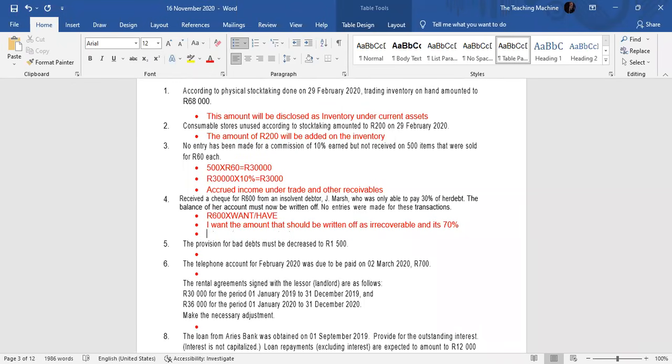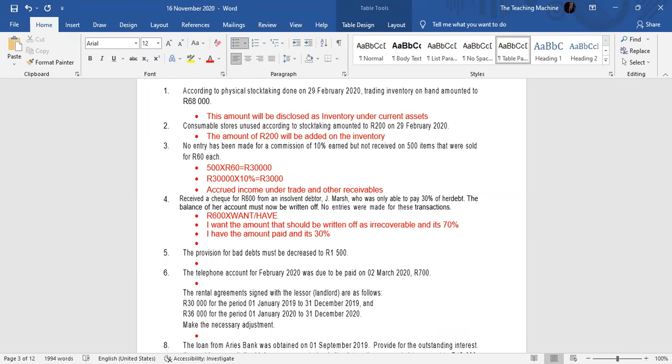Okay, what is it that I have? I have the amount paid and it's 30%. So it should be 600 multiplied by, what is it that I want? I want 70. What is it that I have? I have 30.